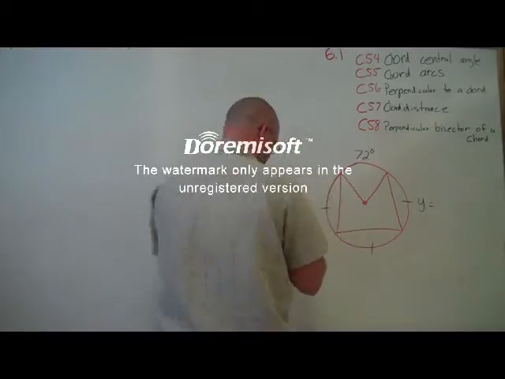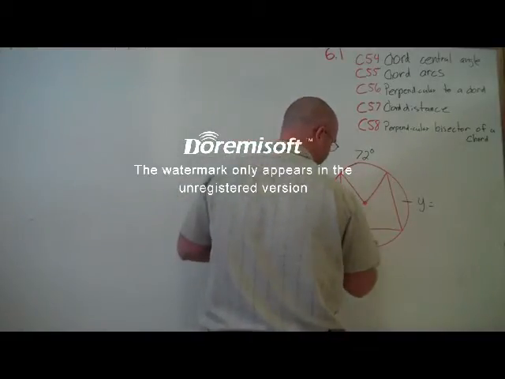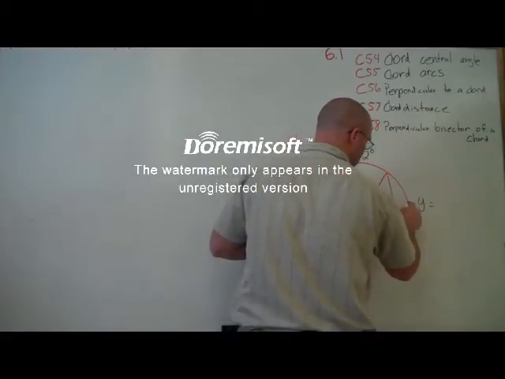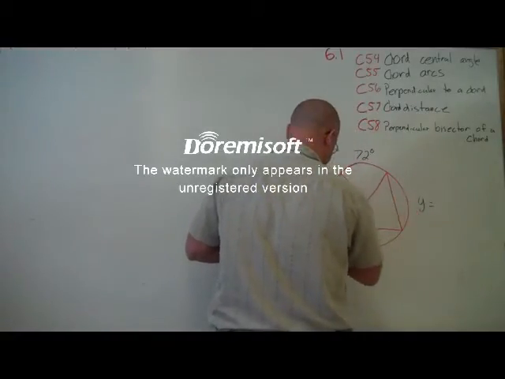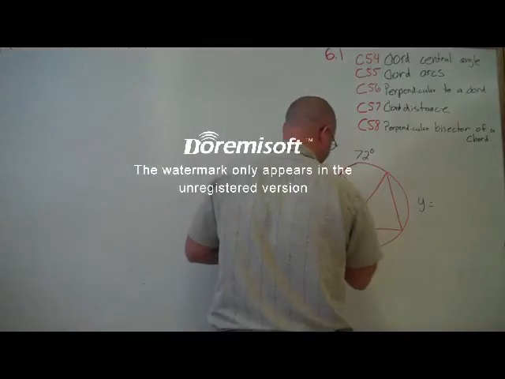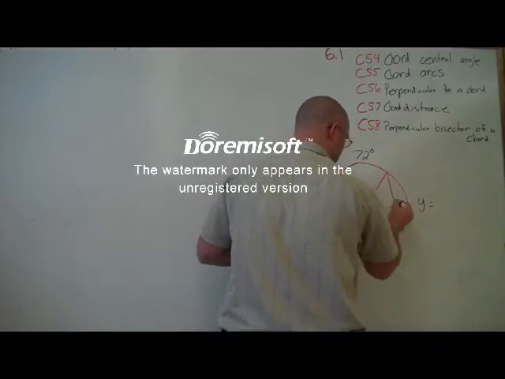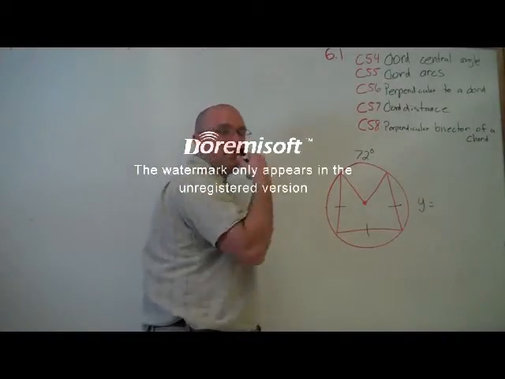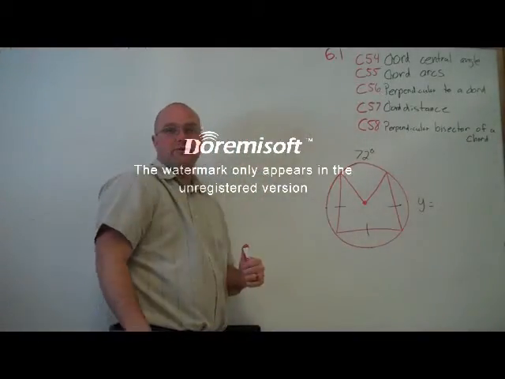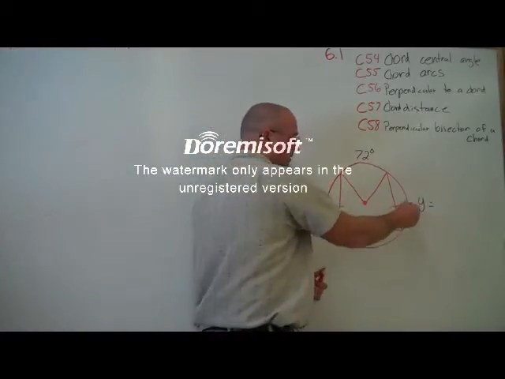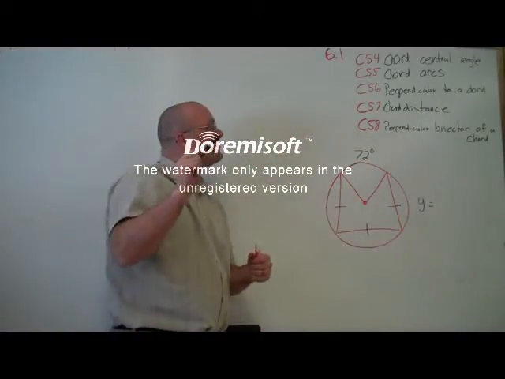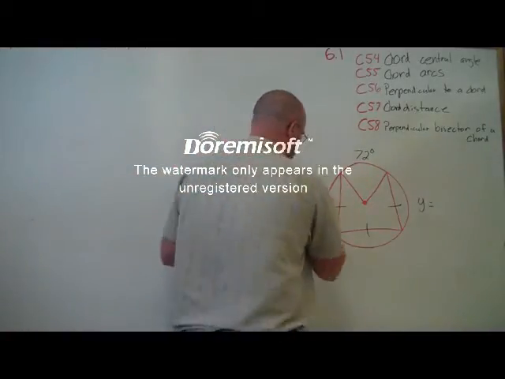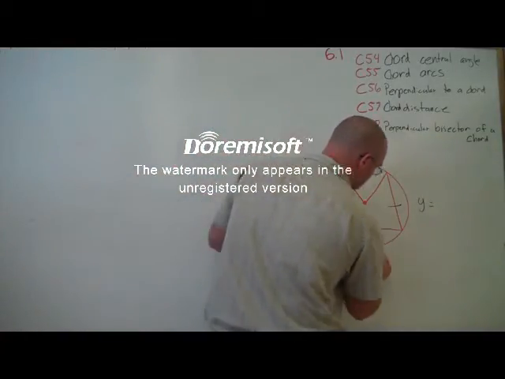We need one more thing first. Those are supposed to be congruent. All right. So now we have a circle, 360 degrees. We have 3 chords that are congruent. If C55 chord arcs, if these are congruent, that means these arcs are congruent. So this equals y, and this also equals y.